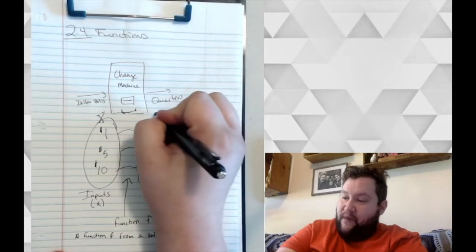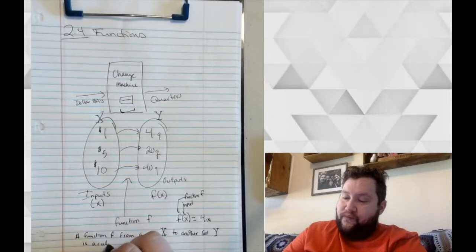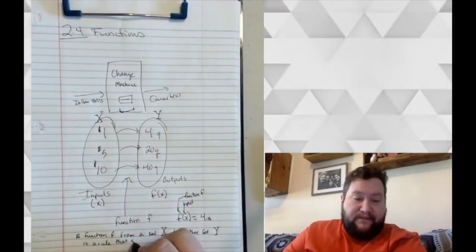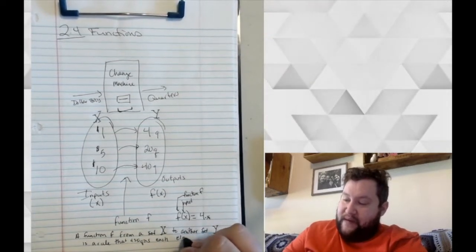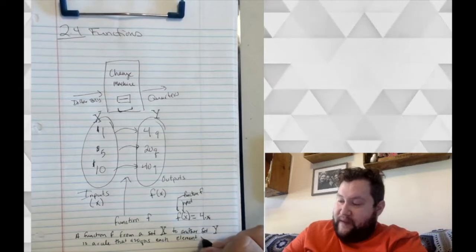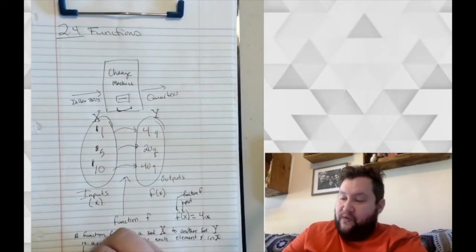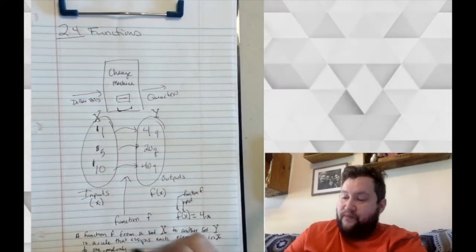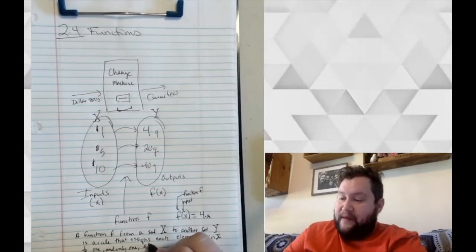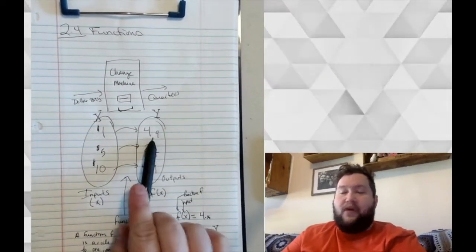So here we have from one set X to another set Y is some rule that assigns each element little x in our set X to one and only one element of Y. So that means when we put $1 in, we're always going to get 4 quarters.